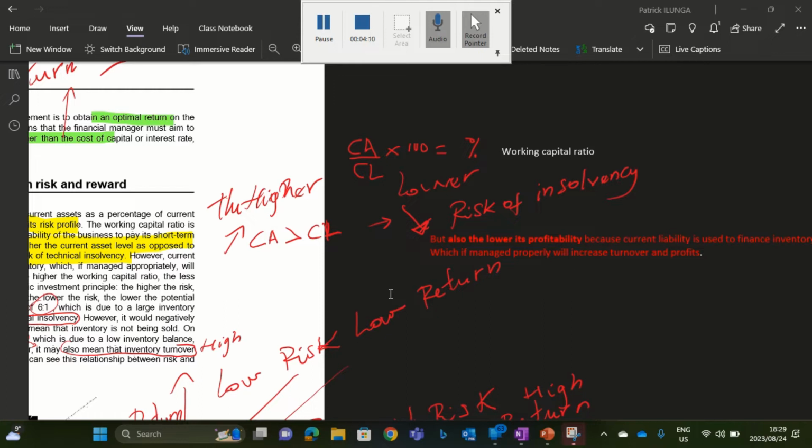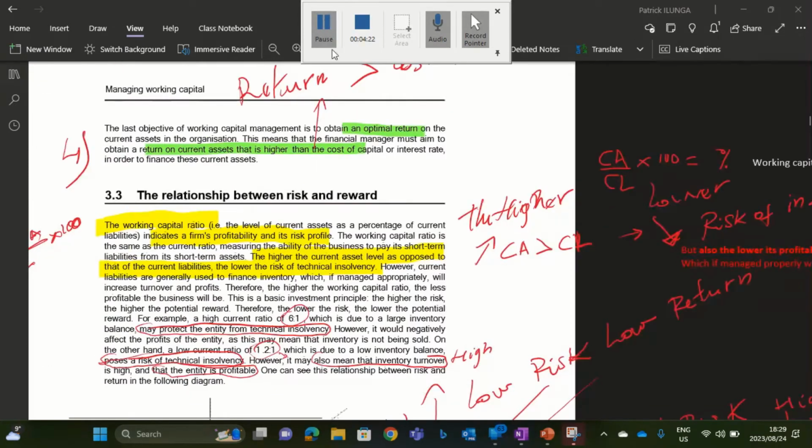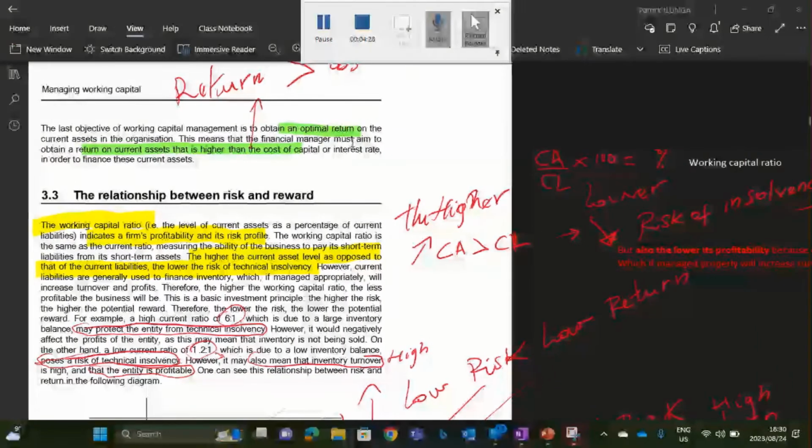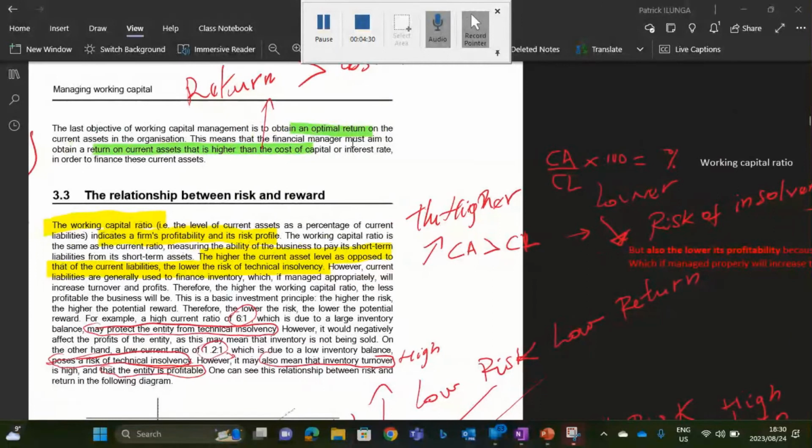So the current assets are greater than the current liabilities. So this eliminates the risk of insolvency, or the firm being unable to settle its short-term debt. So that's a good thing.